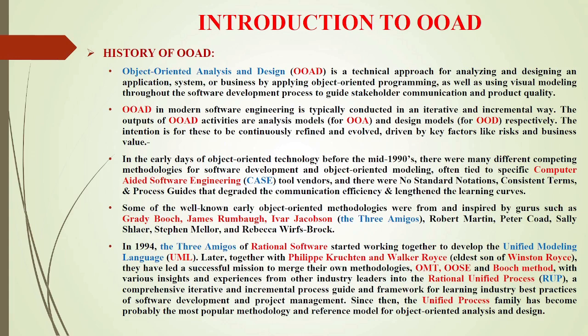Later, together with Philippe Kruchten and Walker Royce, they led a successful mission to merge their own technologies like OMT, OOSE, and the Booch method, along with various insights and experience from other industry leaders, into the Rational Unified Process. So we call it the unified process and the rational unified process.